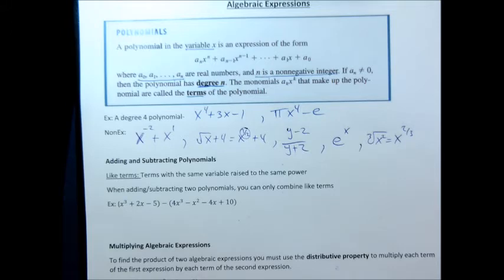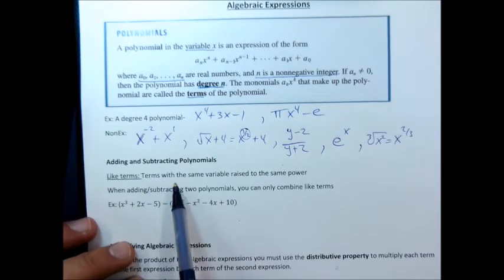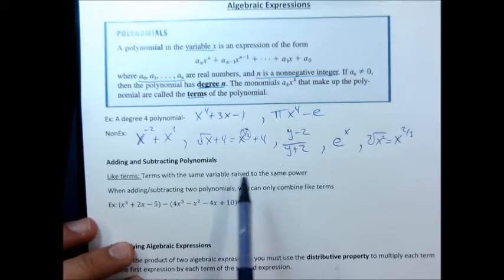So let's remind ourselves how we combine like terms. I've already used that phrase before, like terms, and so I just want to remind you what that means. Like terms are the terms that have the same variable raised to the same power, right?